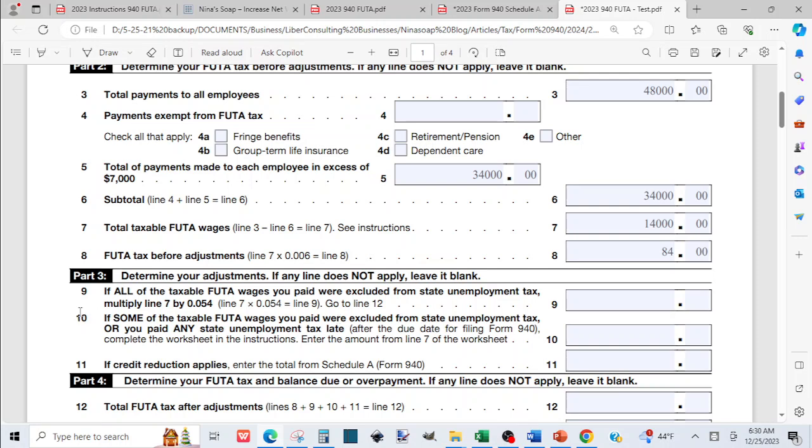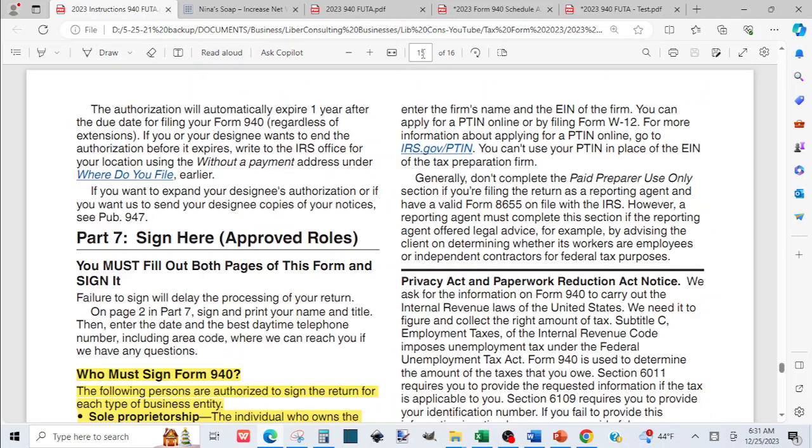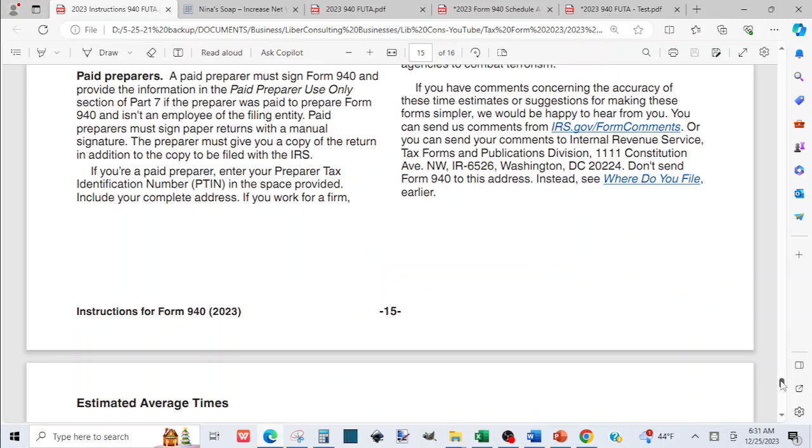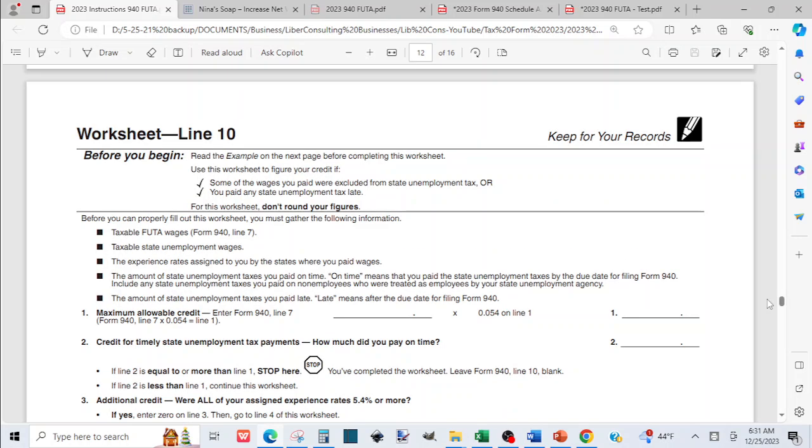So line 10 will be more related to your business, and then you'll go to the instructions, and I think it's going to be at the end, page 12.